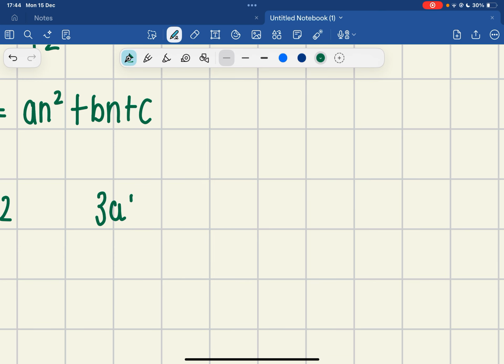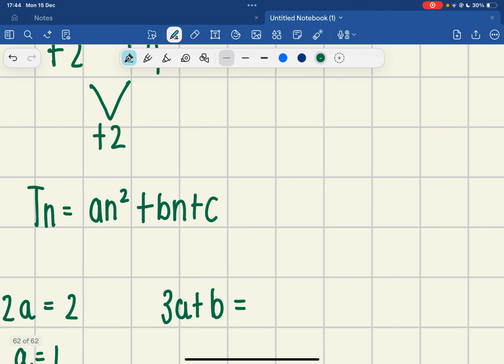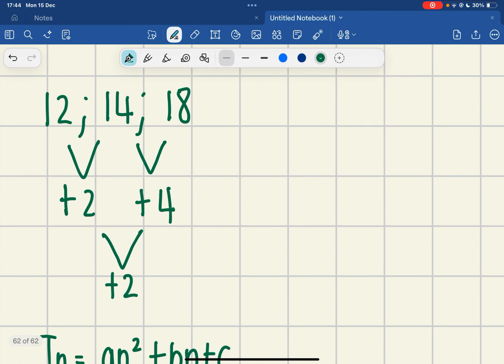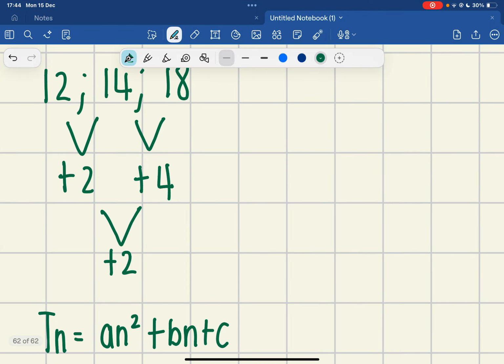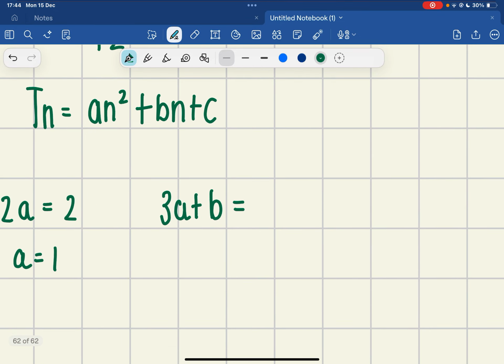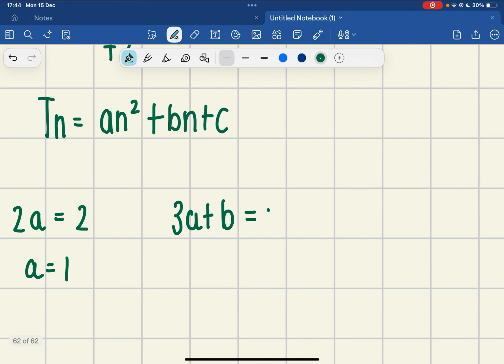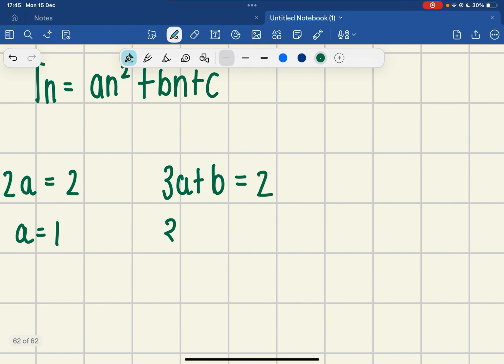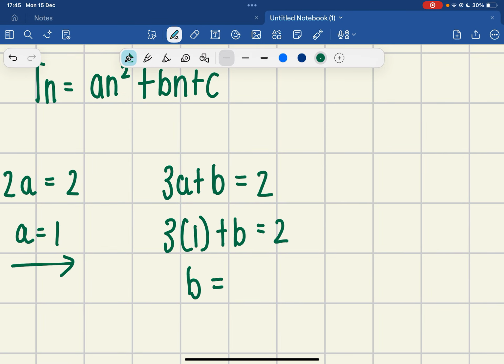Then we have 3a plus b is always equal to the first difference of the two original consecutive terms. So 3a plus b is equal to 2. We already have a, so we substitute it in: 3 plus b is equal to 2. b is equal to 2 minus 3, which is negative 1.